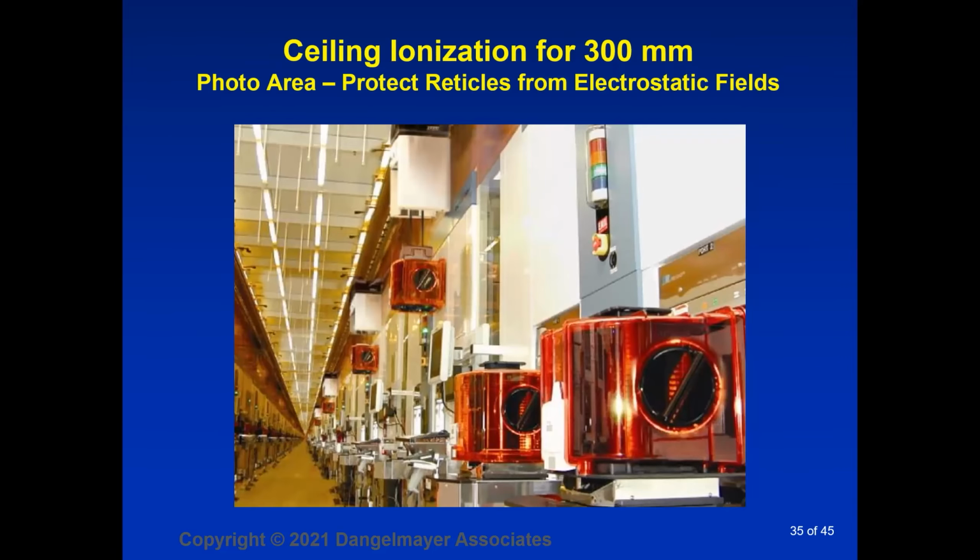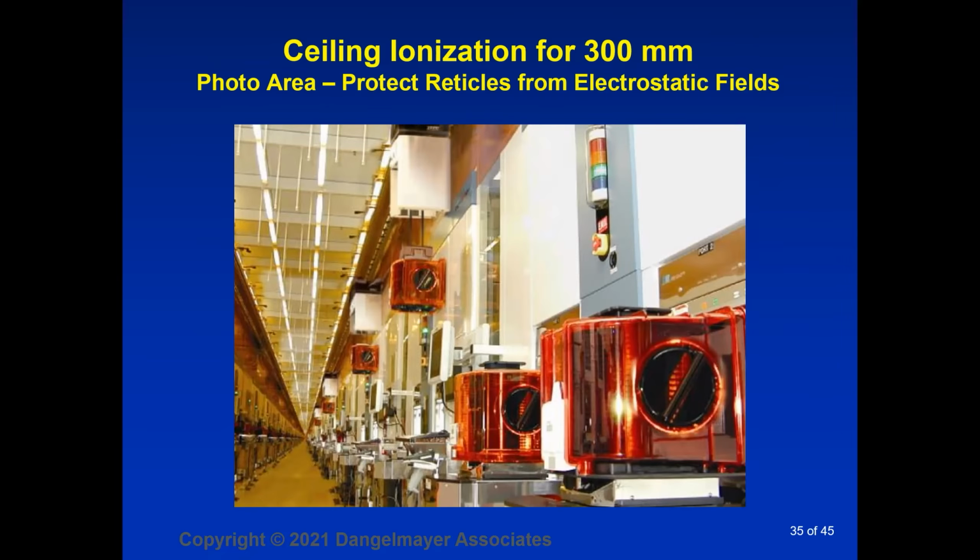No contact needs to occur. So we need to make sure that all the surfaces in the photo area are neutralized, that there's no charge, so that if someone is carrying a photomask through this area, they aren't subjecting it to changing electric fields, which could cause ESD damage to the reticle.